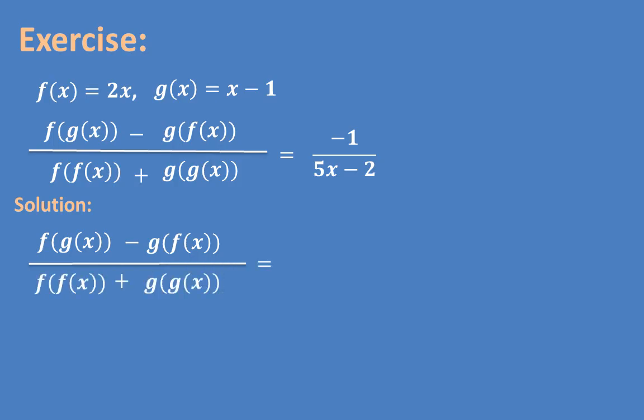Then, in the numerator, substitute f of x and g of x, with their values. Thus, f of g of x is equal to f of x minus 1.